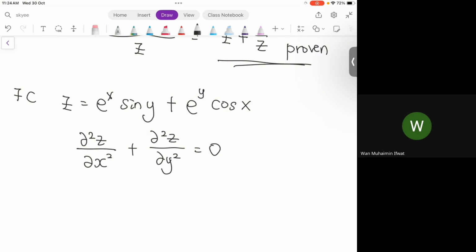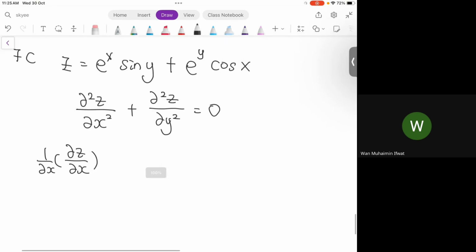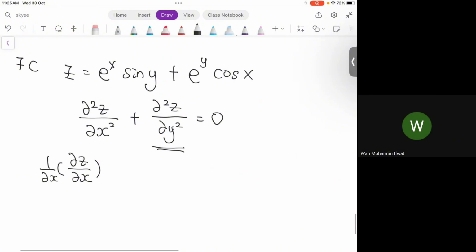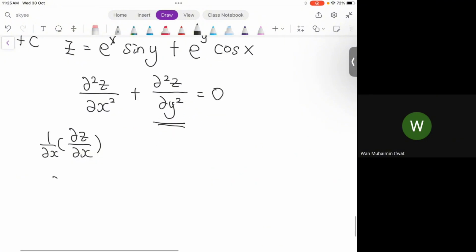What is the meaning of the square here? It means that after you have performed del z del x, you have to take this answer and differentiate it one more time with respect to x. Same applies for del z del y: you perform differentiation twice with respect to x and y. First of all, let's find del z del x.